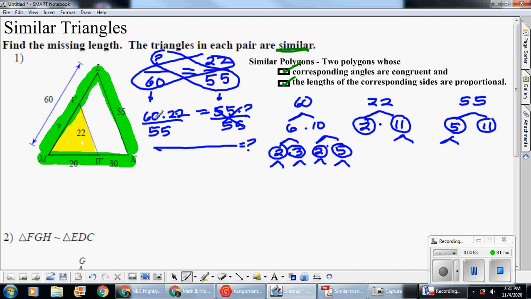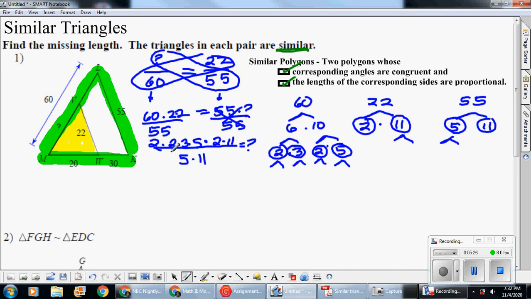So what you do is the following. Instead of 60, put the prime factors: 2, 3, 2, and 5. Put them in order from smallest to biggest: 2 times 2 times 3 times 5. Now, instead of 22, I'm going to put in 2 times 11. And instead of 55, I'm going to put in 5 multiplied by 11.